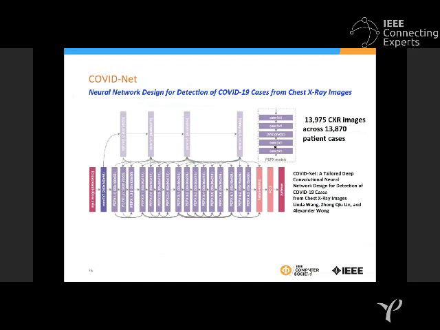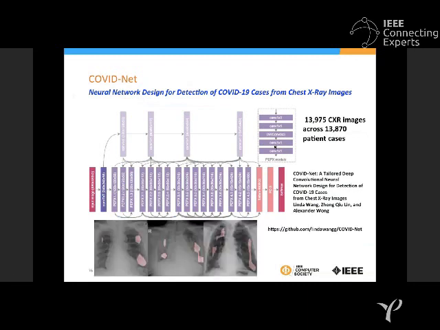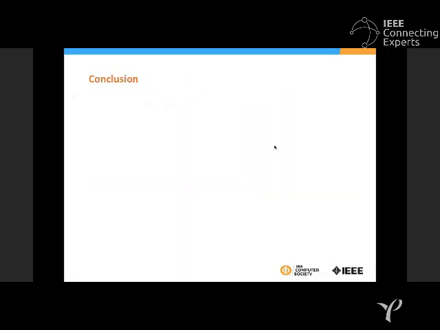Another important thing is that it is a little more lightweight compared to the standard networks. They were pretty good at finding the patches in chest X-rays, and they have also uploaded their entire work on GitHub.